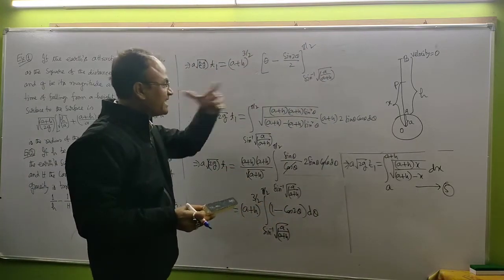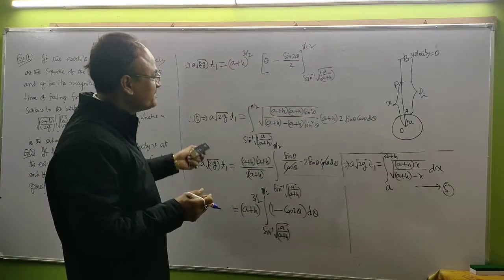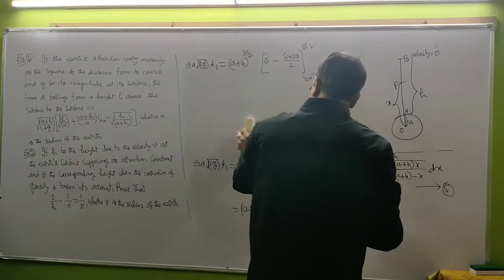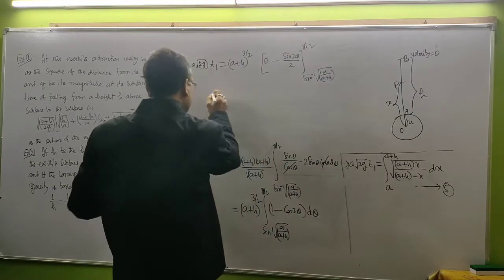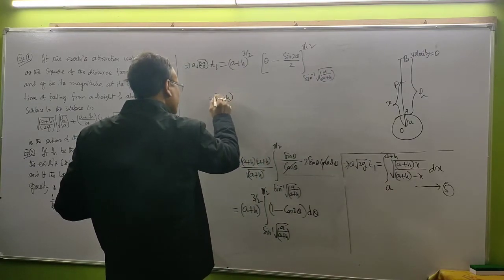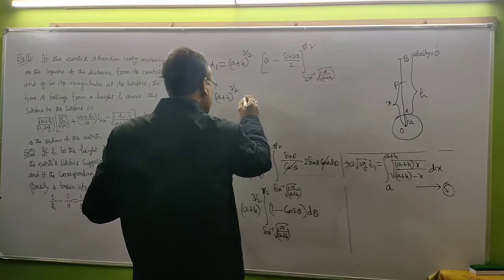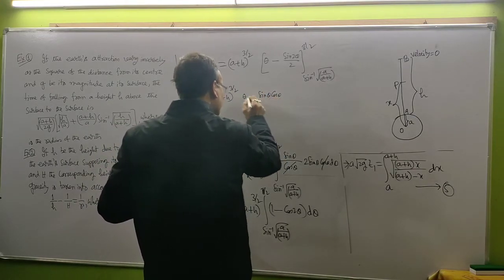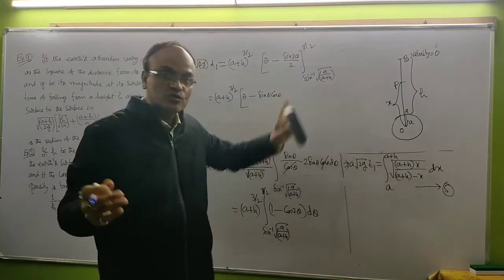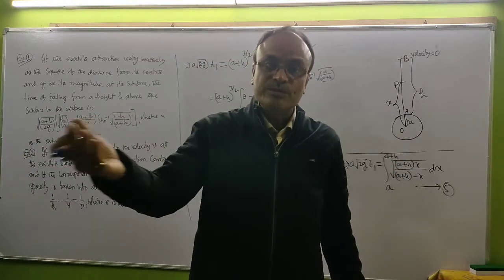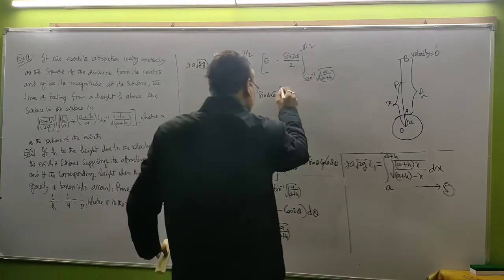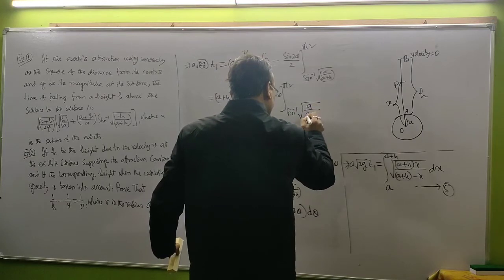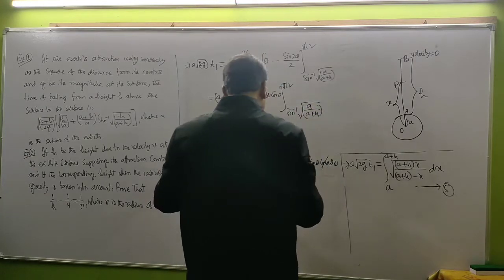Now, this is equal to a plus h whole to the power 3 by 2 times theta minus sin theta cos theta, since sin 2 theta means twice sin theta into cos theta, divided by 2 means sin theta into cos theta, from sin inverse under root a divided by a plus h to pi by 2.